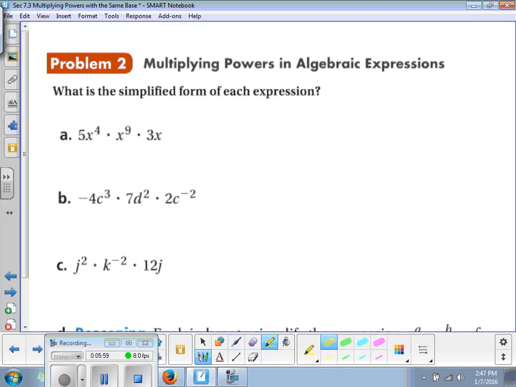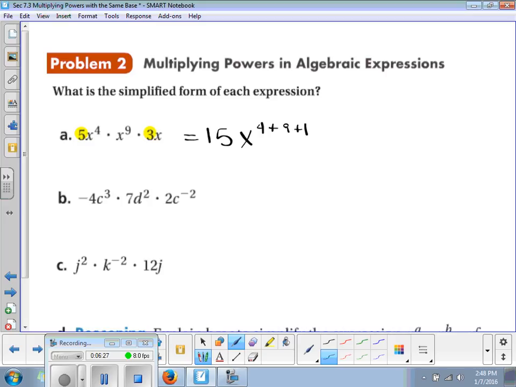So, we're going to multiply our coefficients first. So we've got 5 times 3 is equal to 15. And then we've got x to the 4th, x to the 9th times x to the first. Very good. So this is going to be x to the 4 plus 9 plus 1.